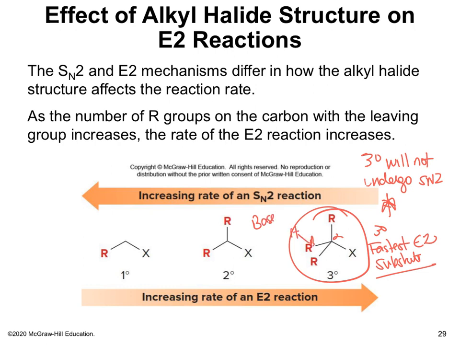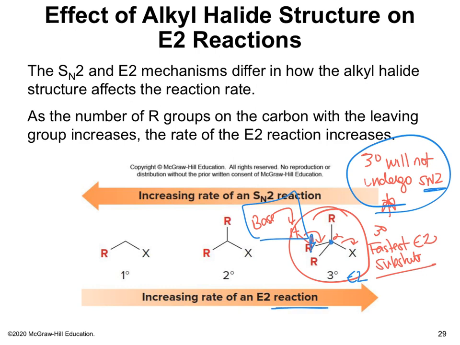The base takes this hydrogen, so it's not a steric hindrance issue anymore, because the base can get to the beta hydrogen in an E2. Remember, a tertiary substrate won't undergo SN2 because your nucleophile can't get into this carbon that's sterically hindered. So for the rate of an E2 reaction, your tertiaries are going to be your fastest.